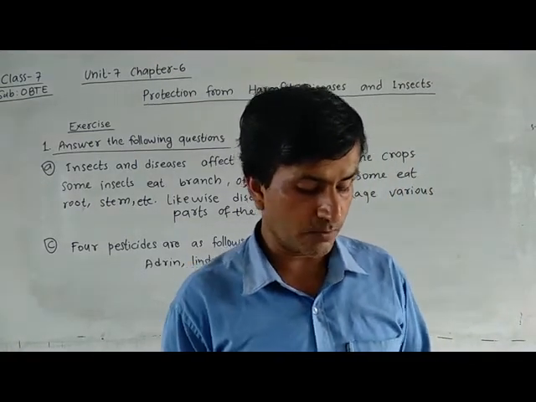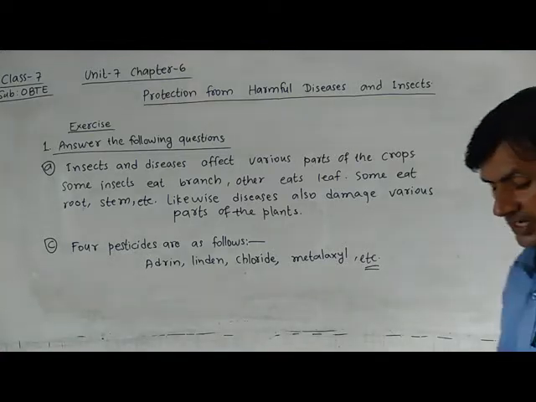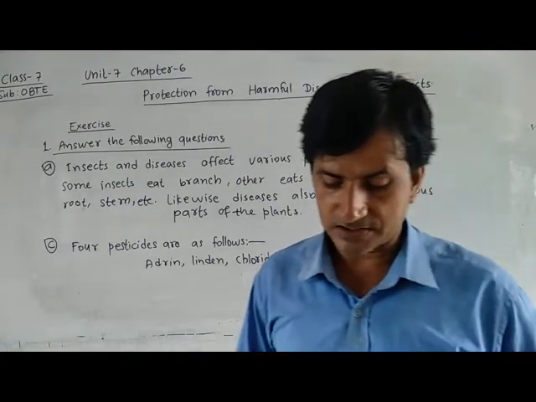And then number 2, think and write. Crop rotation is an effective method to lessen the attack of diseases and insects in plants. Justify this statement.